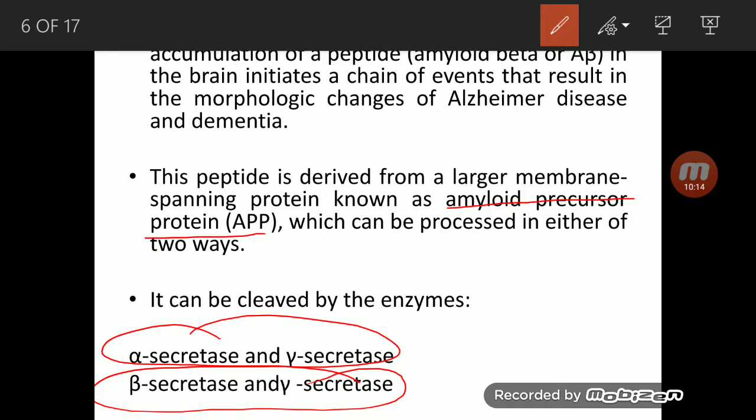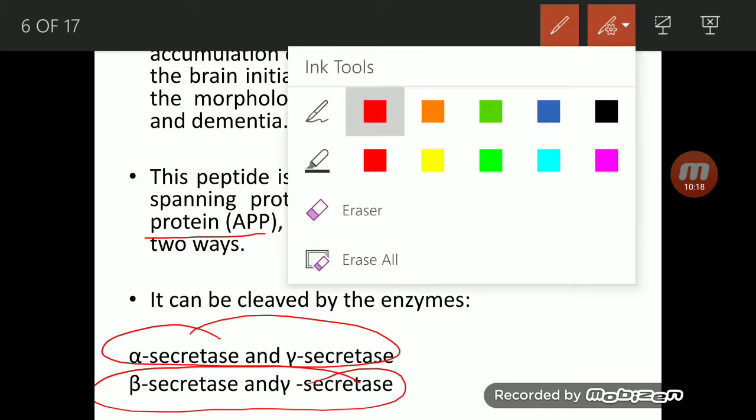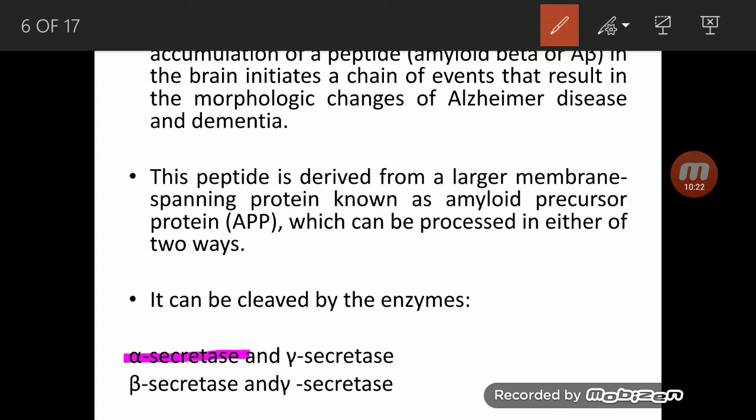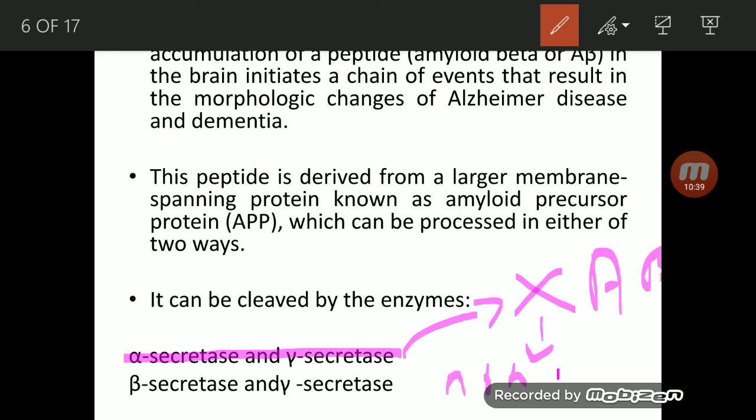So it can be cleaved by a pair of either alpha secretase and gamma secretase. If your APP is cleaved by alpha secretase and gamma secretase, in this case it does not form any amyloid beta plaques. Okay, it is non pathogenic in nature. It does not have any harmful effect.